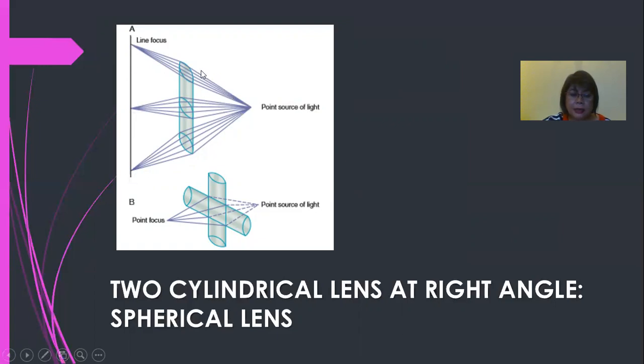And okay, this is one object there coming from here, and it will focus in a focal line, if you use a cylindrical lens. Okay, remember this reference because this is what happens when you have astigmatism. So let's go to this later when we discuss astigmatism.